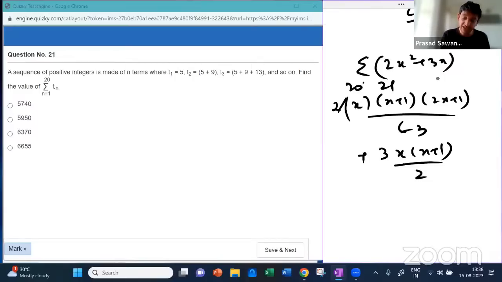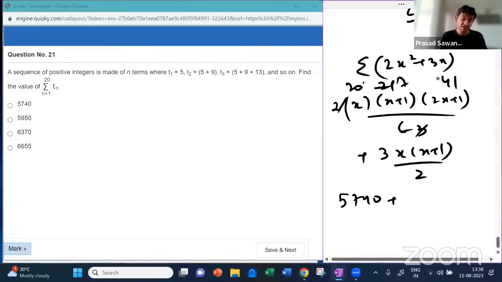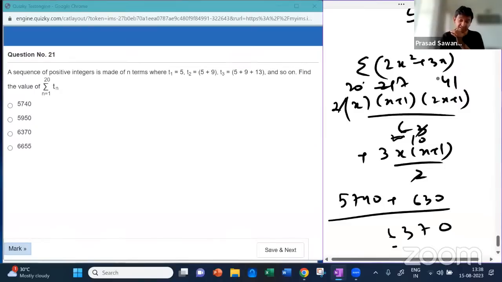This becomes 20, 21, 41, and 3 7s are 21. 287 into 2 is 574, so 5740 plus 10 3s are 30 into 21, 630 I believe. So you will get 6370, which is among the options. So I'm assuming it's right. We go to the next one.